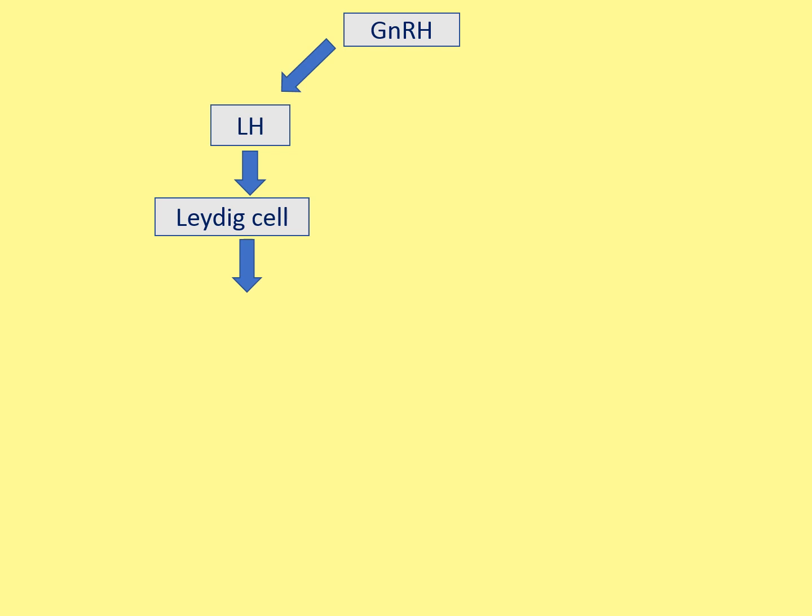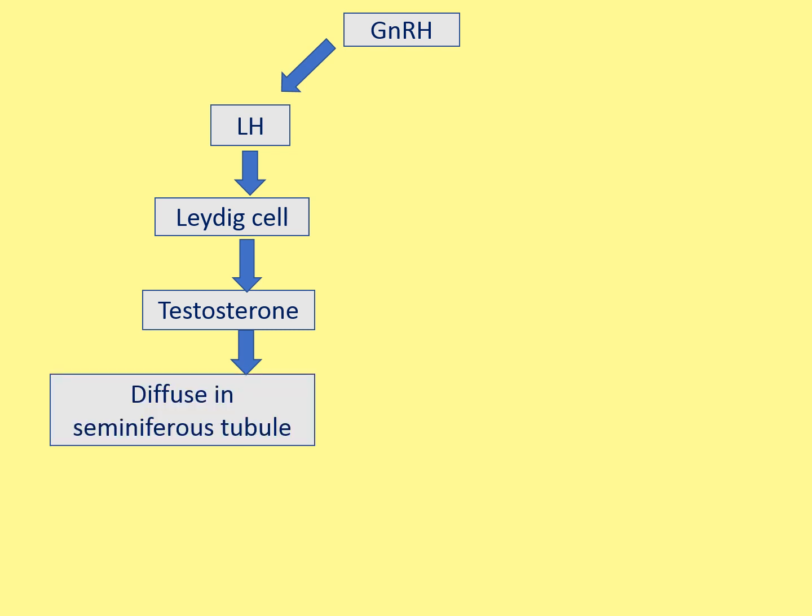GnRH released from the hypothalamus acts on the anterior pituitary to release luteinizing hormone, which acts on the Leydig cell or interstitial cell of the testis to release testosterone, which diffuses in the seminiferous tubule.